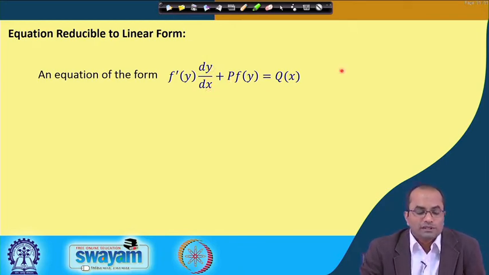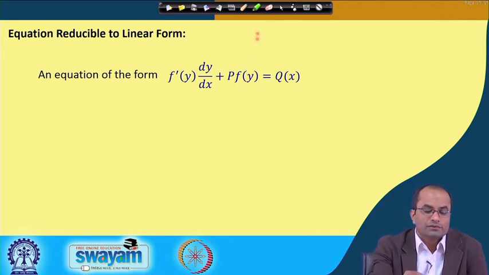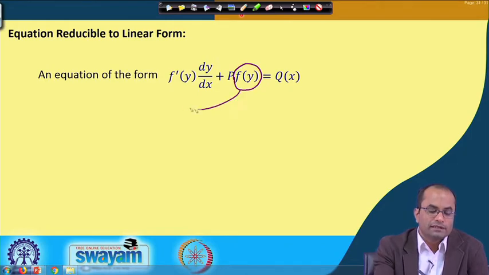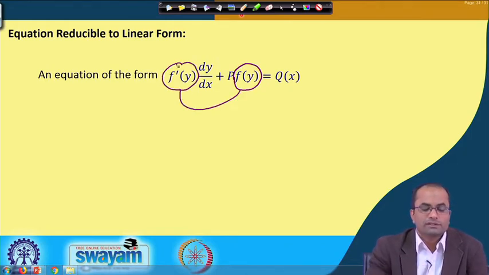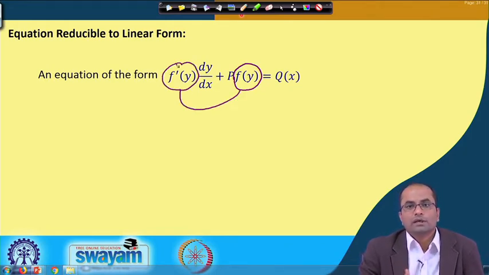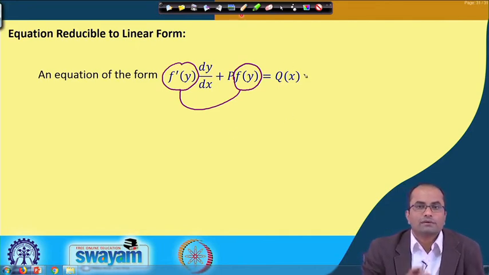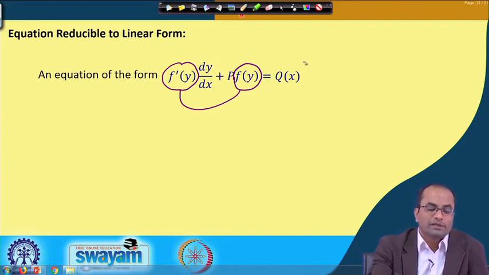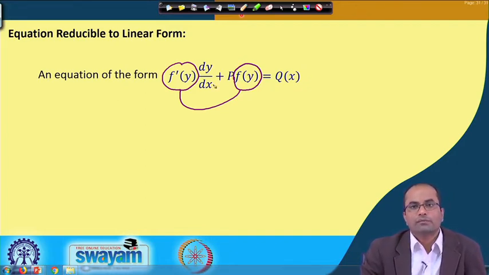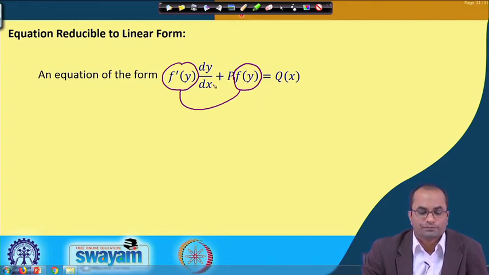But what do we see here: the derivative of the term which is sitting with the p, the f, is just in front of dy over dx. So, if we can write our equation in this form, then we will see that this can be reduced to the linear form by an appropriate substitution.